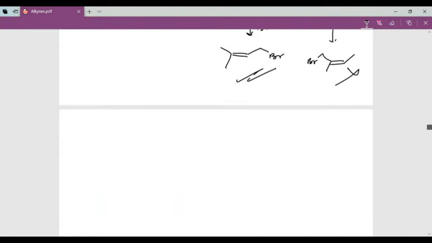Okay. If there were two pi bonds in conjugation, you have taken. But if my structure is CH2, C triple bond CH, and I'm given one equivalent HCl. See, non-conjugated.